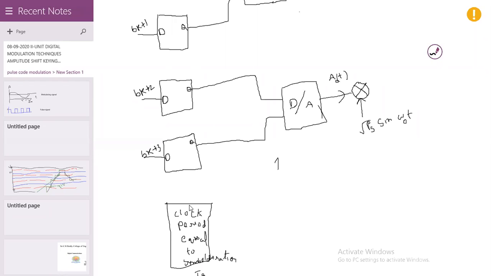This is applied as the clock input to all these D-type flip-flops.